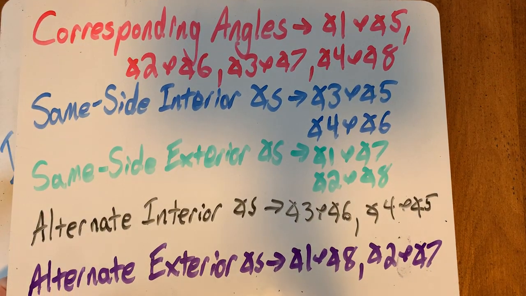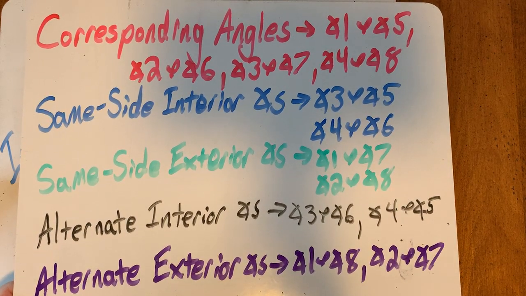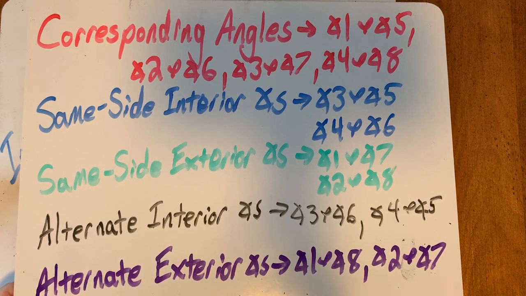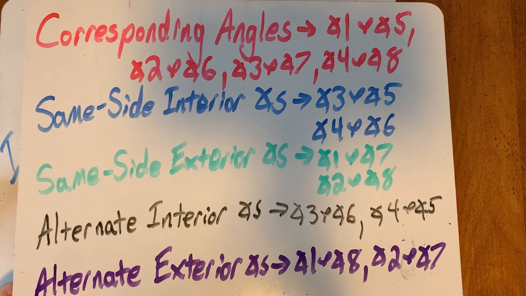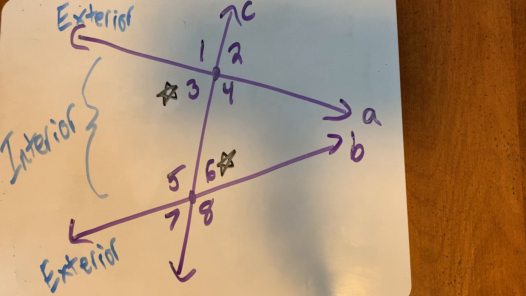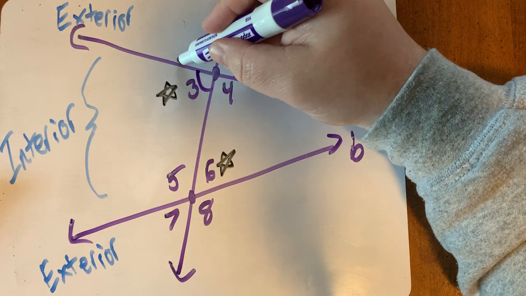So we've got all these classifications. These classifications only tell you their positioning. These say nothing about their measures. The only thing we know about the size of these angles is that angles 3 and 2 are congruent.